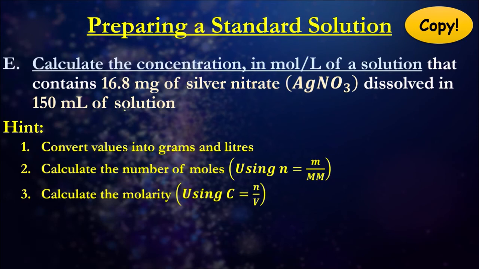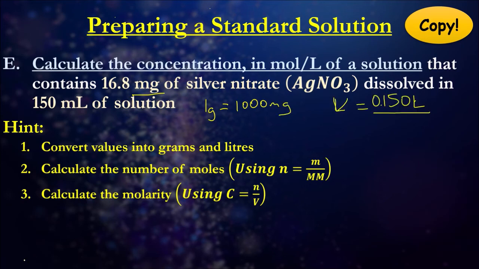So we have to calculate the concentration of silver nitrate. It's given in milligrams. 1 gram is equal to 1,000 milligrams.